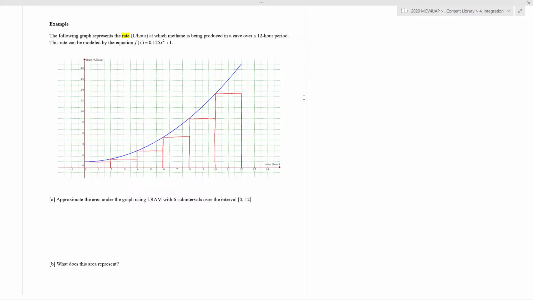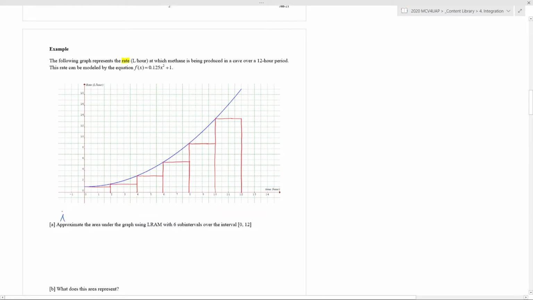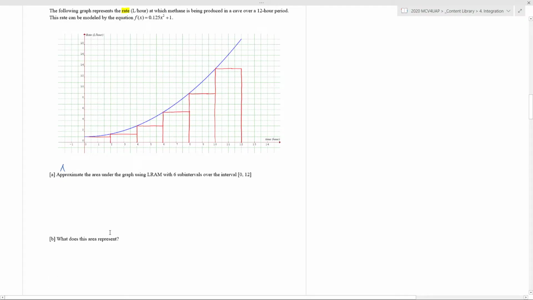All we need to do is write an expression for that area, which is going to be equal to the area of rectangle 1 plus 2 plus 3, 4, 5, and 6.